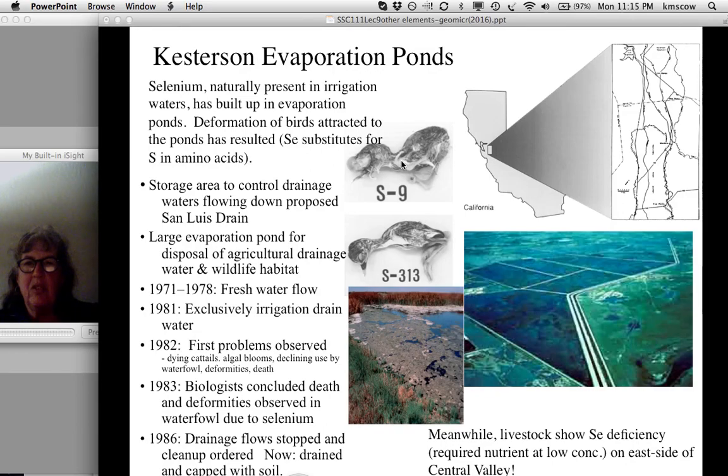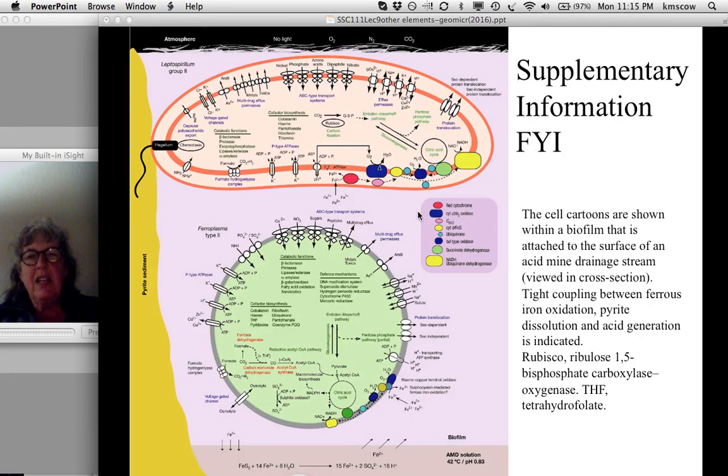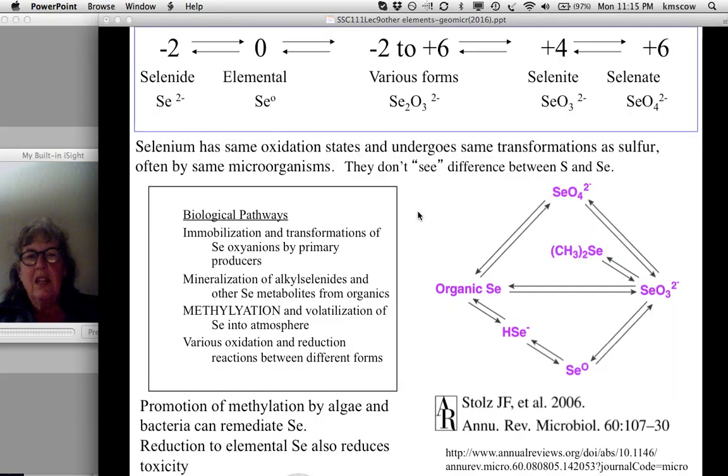And this picture shows you this one location in California where everything sort of came to a showdown about selenium. So let me develop that story in a minute. But these poor birds were exposed to so much selenium, and in some cases, the enzymes can't differentiate between sulfur and selenium.